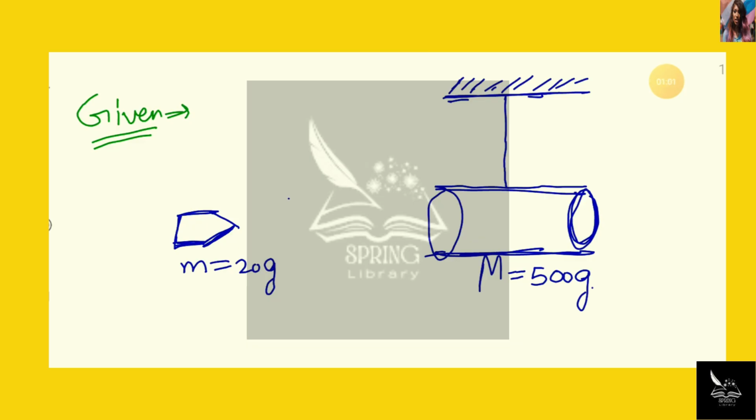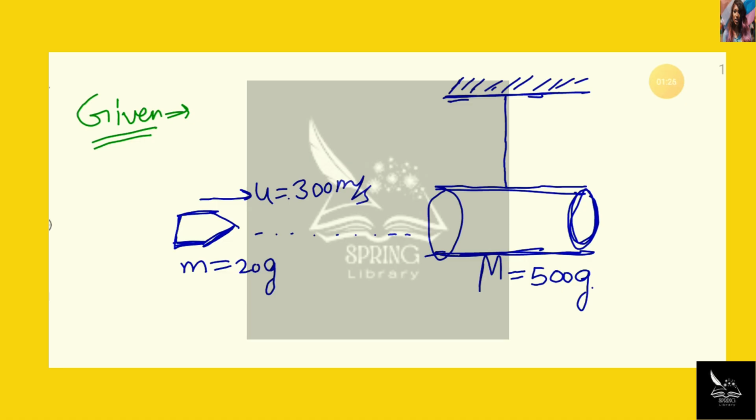Further it is saying that this bullet is going with the speed u equal to 300 meter per second in the horizontal direction, and collides with the wooden block.